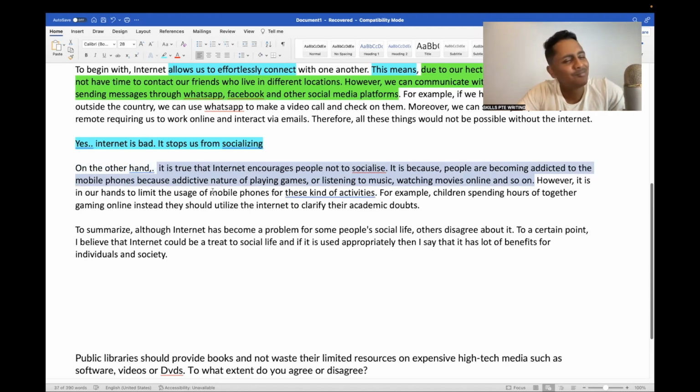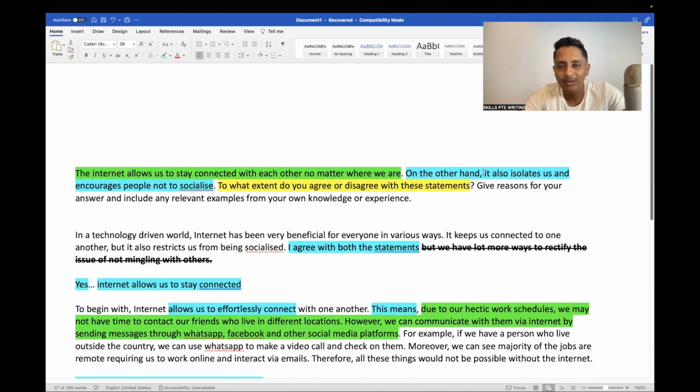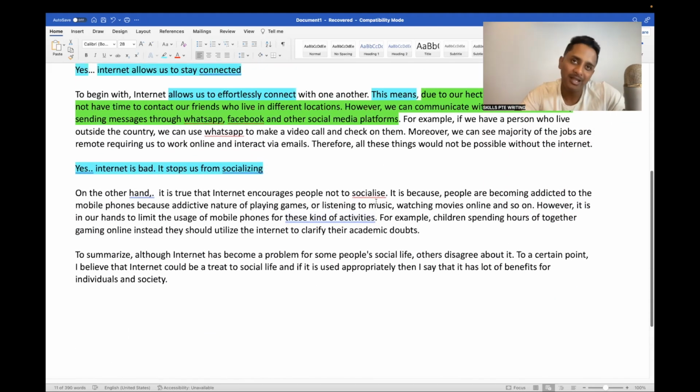Has she given an example? No. Read the question again. On the other hand, it also isolates us. It encourages people not to socialize because people listen to music, people play games, and then does what? For example, in India, a lot of people are devoid of the socializing factor, and the reason is solely because of the phone.